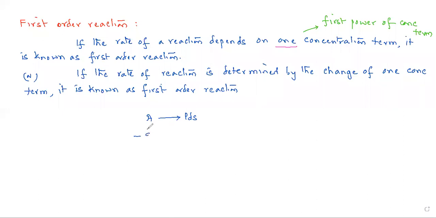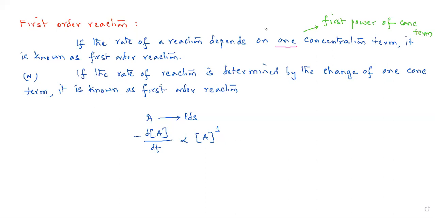Now, as usual, it can be written as minus dA by dt is directly proportional to the concentration of A power 1. Rate of reaction with respect to A is minus dA by dt, right? That can be given as directly proportional to the first power of concentration of A.